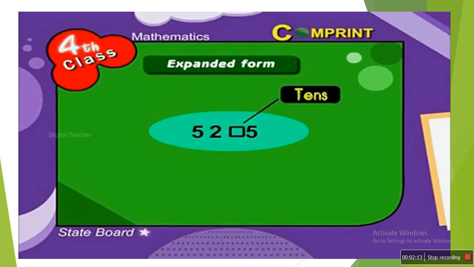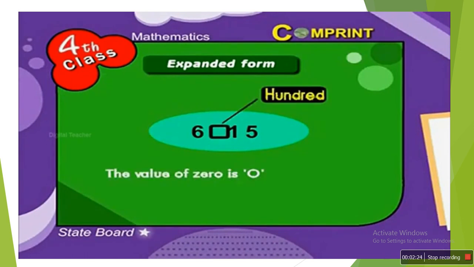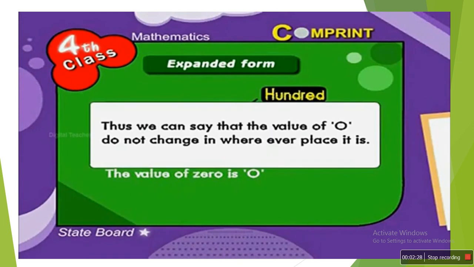The value of 0 is 0. In another number 6015, 0 is in hundreds place, but the value of 0 is 0. Thus, we can say that the value of 0 do not change in wherever place it is.